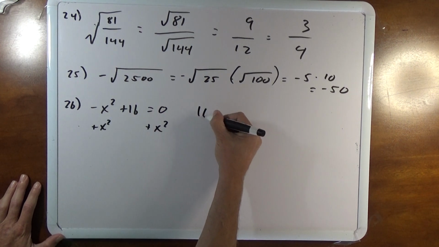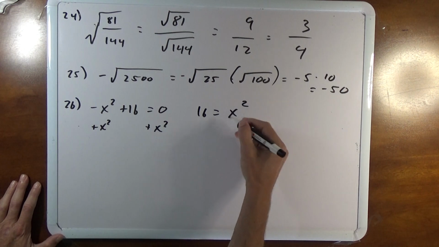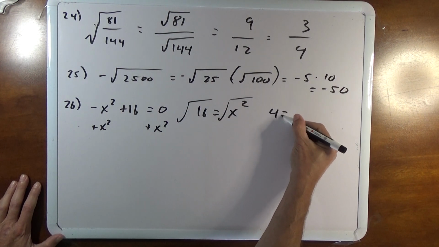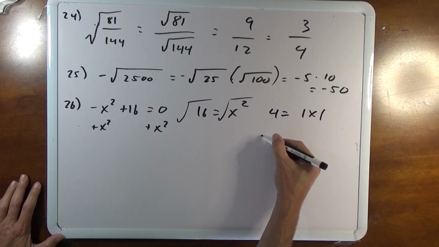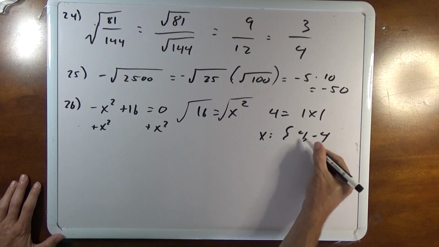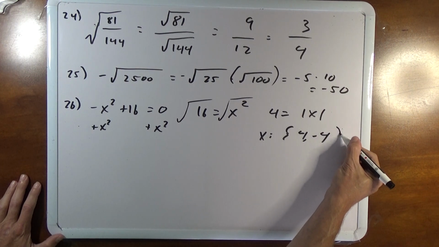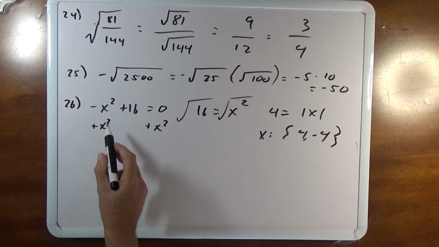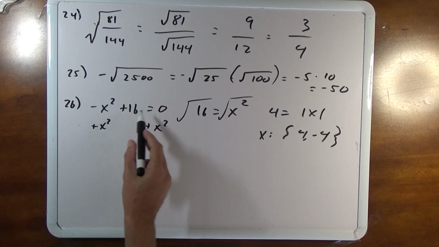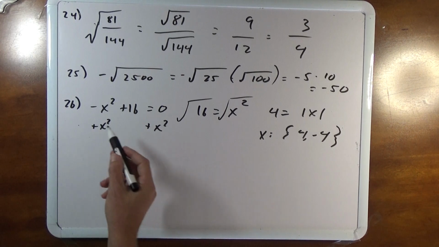I get 16 is equal to x squared. Take the square root of both sides. 4 is equal to absolute value of x. Means x is equal to 4 and -4. So -4 squared is 16. The opposite of that is -16 plus 16 is 0. And the positive will work as well.